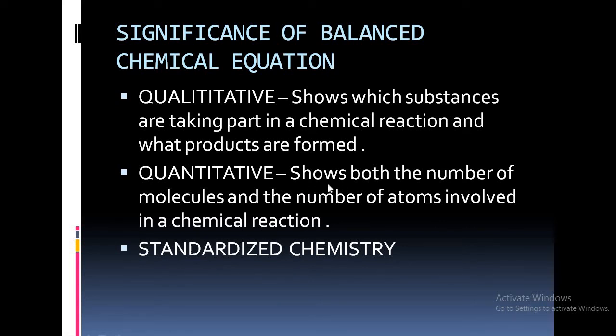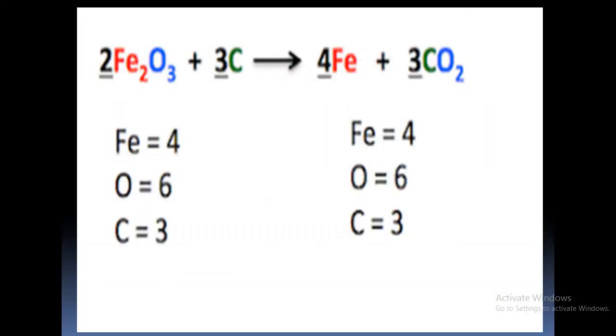And then quantitative, it means it will show both the number of molecules and the number of atoms involved in a chemical reaction. And this balanced chemical equation makes the chemistry standardized, which will be universally accepted. So let's see an example.